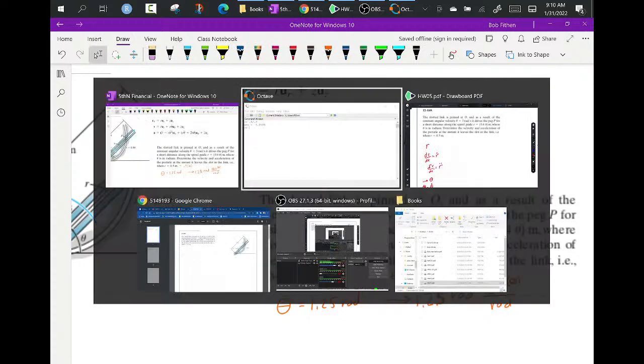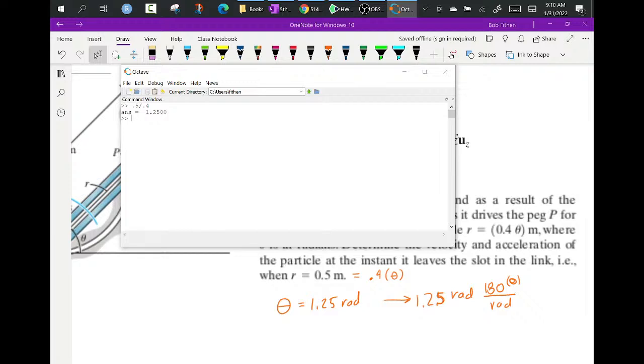I put the wrong button here. Push that times 180, and there should be 180 degrees under a pi.